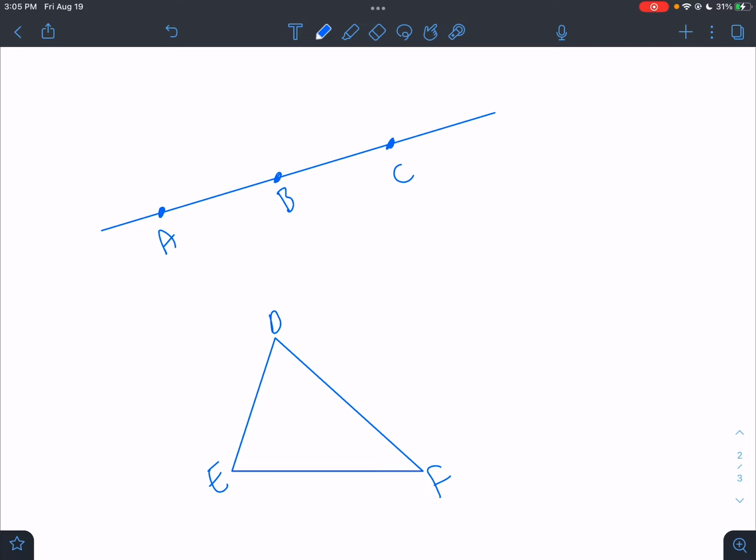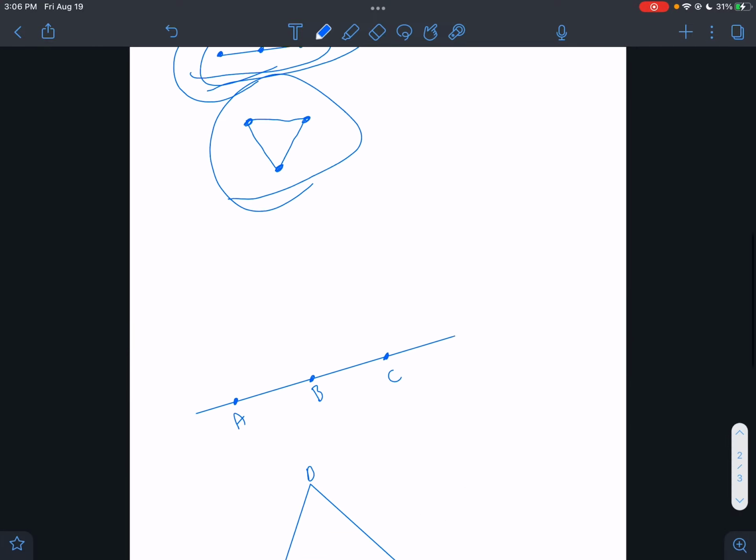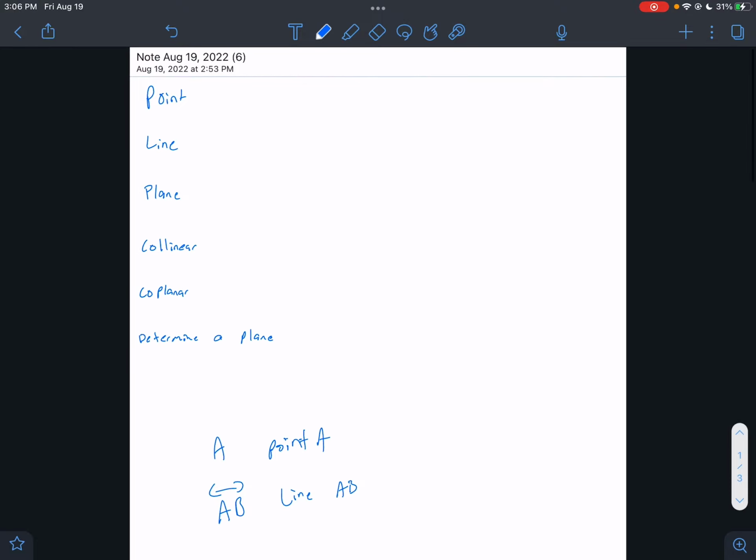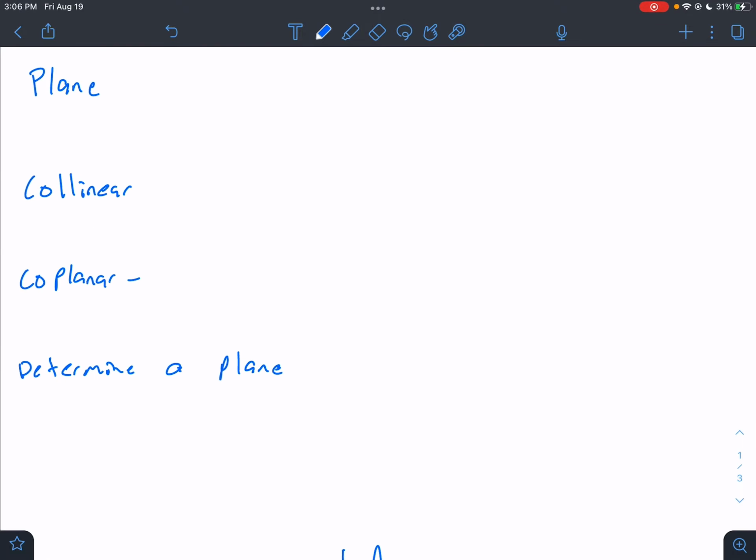Are A, B, and C coplanar? Yeah, all coplanar means is that they are on a plane together. Are D, E, and F coplanar? Yes. But here's where it gets tricky, guys. There's a big difference between coplanar and determining a plane. All coplanar means is they are contained on a plane together.